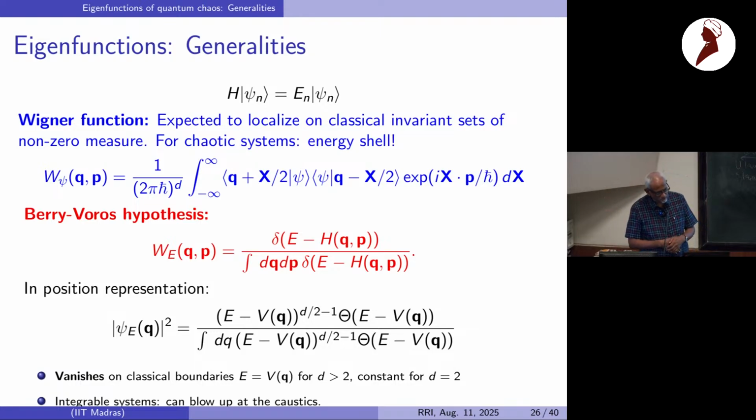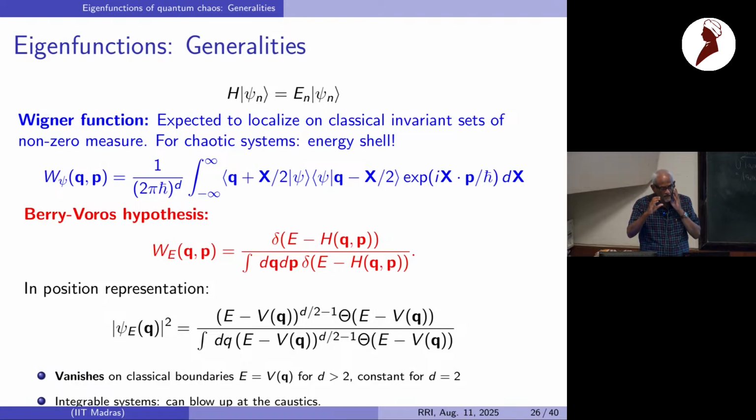And so what was expected when people started talking about chaos is that they will localize on classically invariant sets. But what are classically invariant sets? There are many. Periodic orbits are invariant. But periodic orbits are a set of measure 0 in a chaotic system. And what is measure 0?